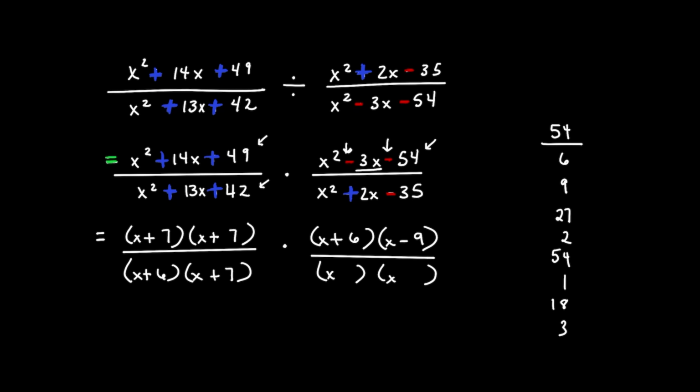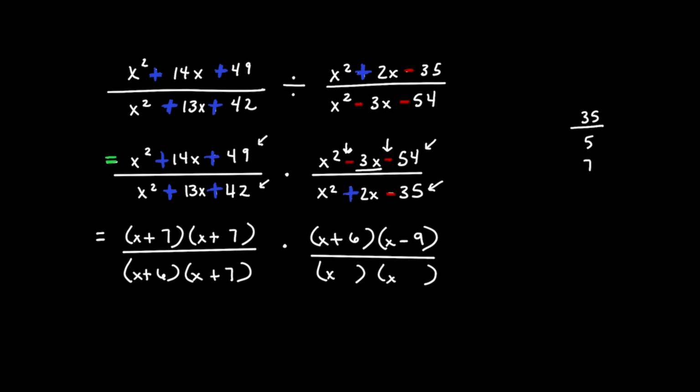Okay, looking at the last expression on the denominator on the right. We have positive and negative, so we'll have a positive and negative in the parentheses. And we're going to look at our factors of 35.